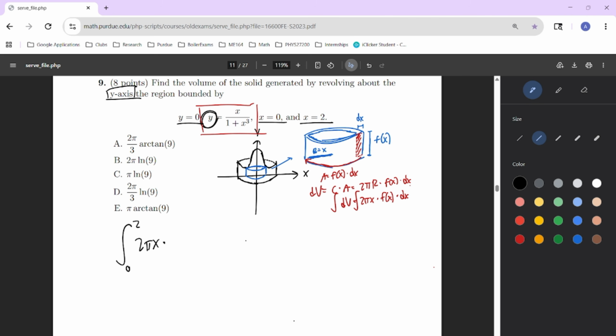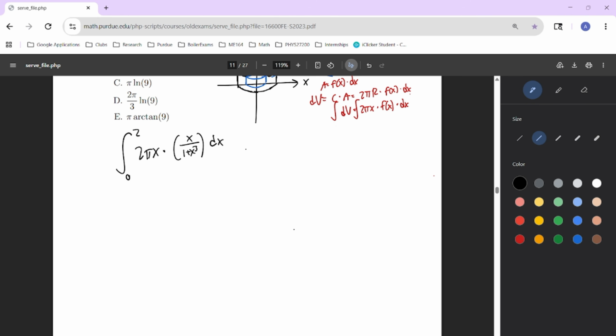But since the lower bound of y is equal to 0, you can just write it off, so the value would just be x over 1 plus x cubed. So I'm going to write that in, x over 1 plus x cubed, with respect to dx.